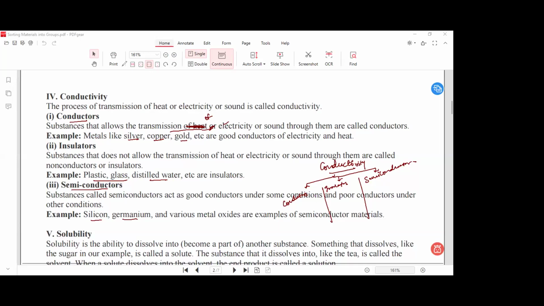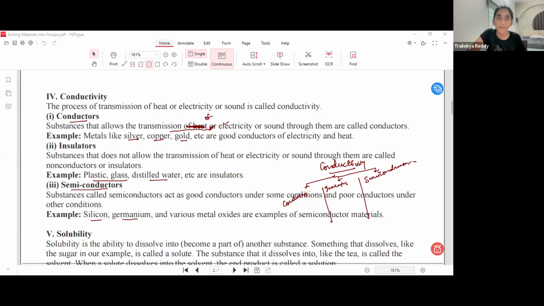Written, everyone? Please confirm if you have noted the definitions.